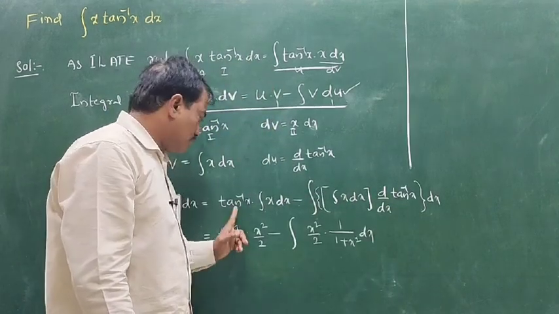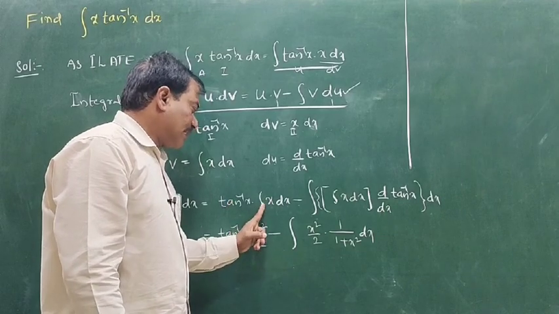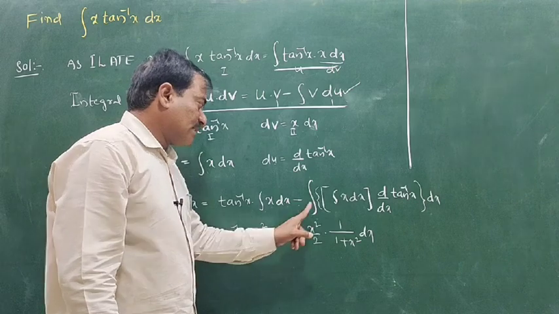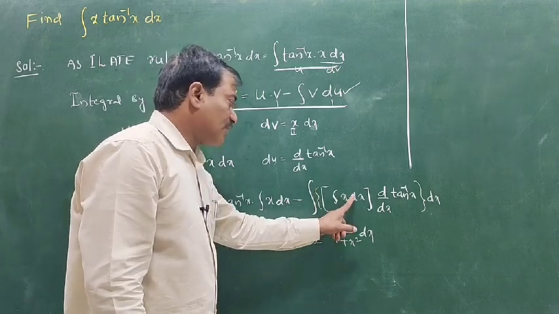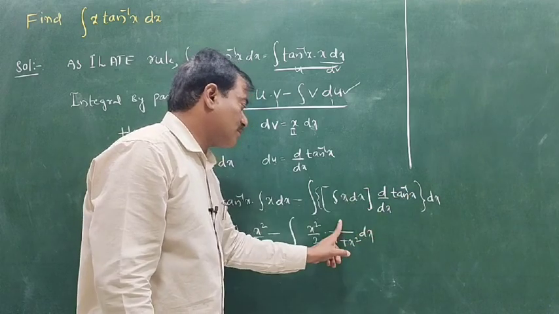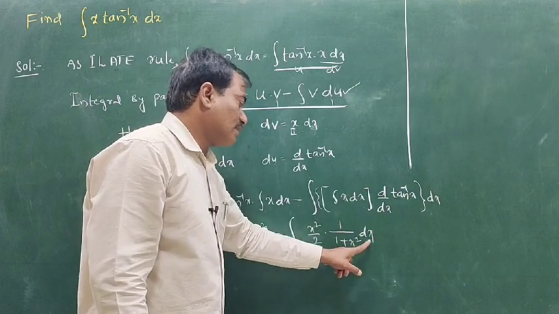Now this is tan inverse of x, the integration of x is x square by 2, minus as it is, and the differentiation of tan inverse of x is 1 by 1 plus x square dx.